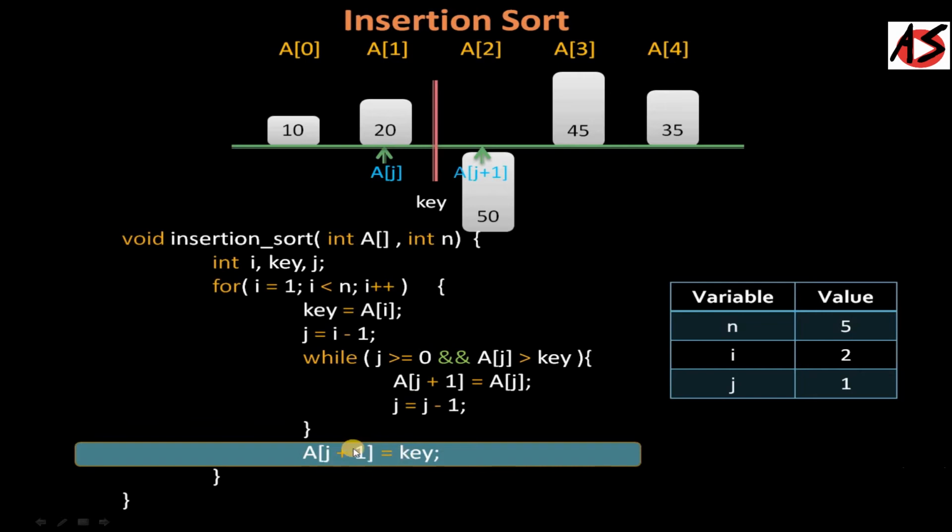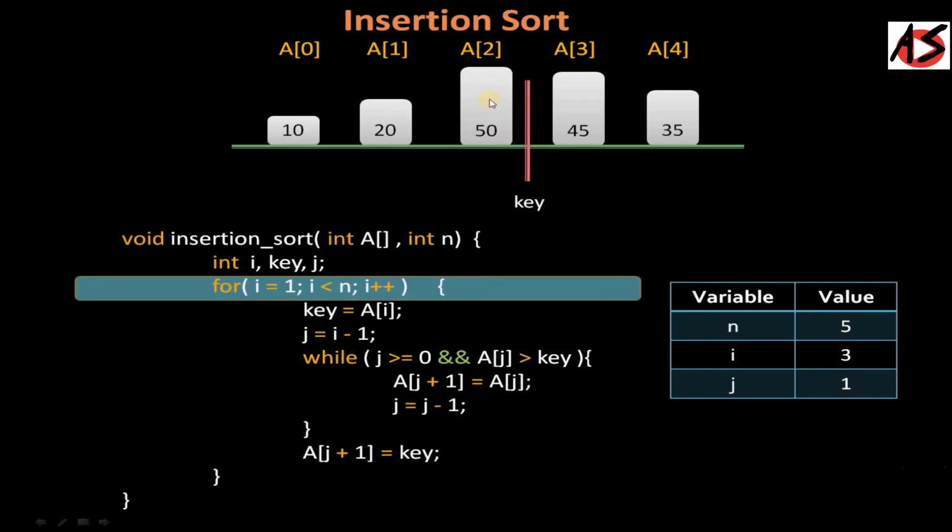A[j] is here, so A[j+1] is on the second position. So we copy our key onto A[j+1]. So our key remains as it is. Now you can see these 3 elements are inserted in sorted order.